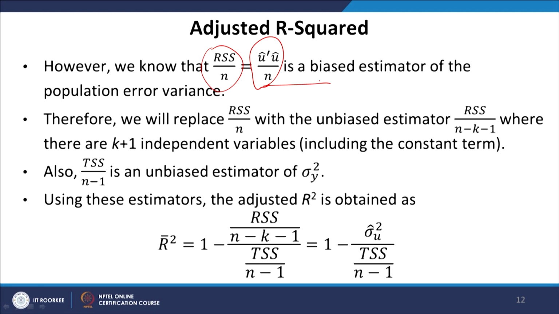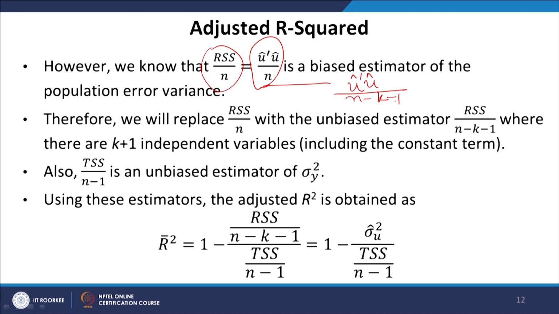What is the unbiased estimator? We have already discussed and proved that the unbiased estimator is u hat prime u hat divided by n minus k for the k variable case, n minus 2 for the 2 variable case, or n minus k minus 1 in case I have k plus 1 independent variables including the constant term. So, n minus the number of independent variables gives us the unbiased estimator of the population error variance.